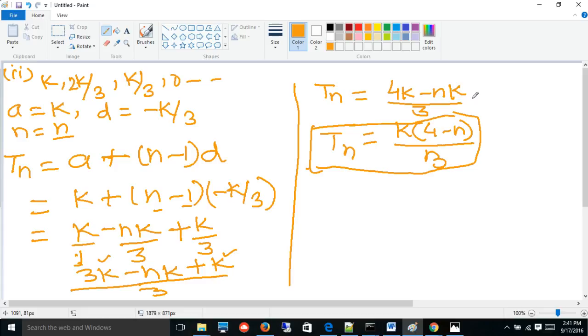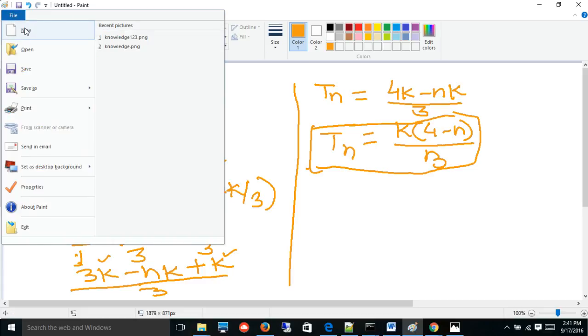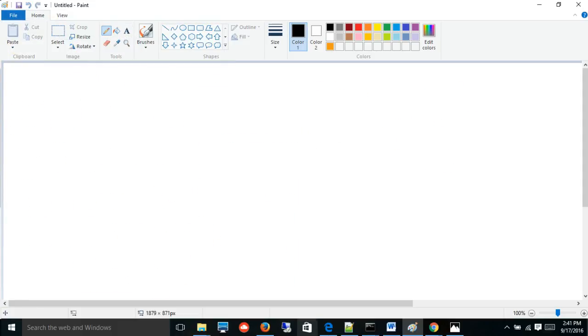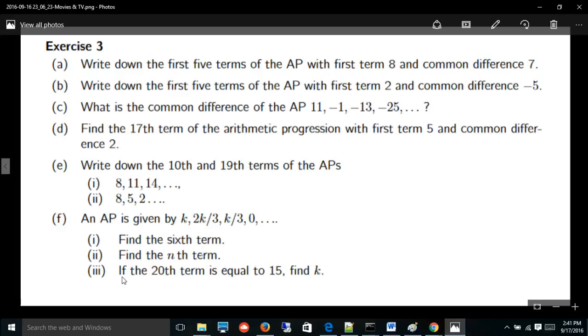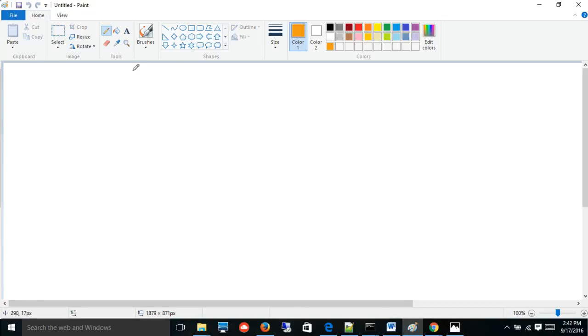Now I'm moving to the next question. So what is this next question saying? The third part says if T20 is equal to 15, then find the value of k. Now again the same thing.